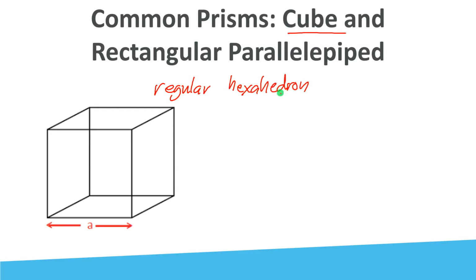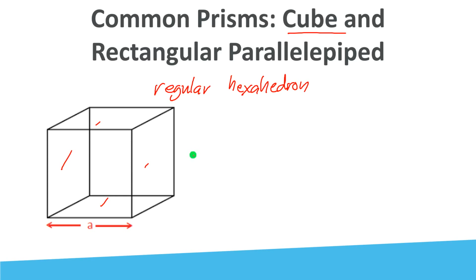A regular hexahedron is a polyhedron whose 6 faces are all squares, or all of these faces are equal. So that's a cube.